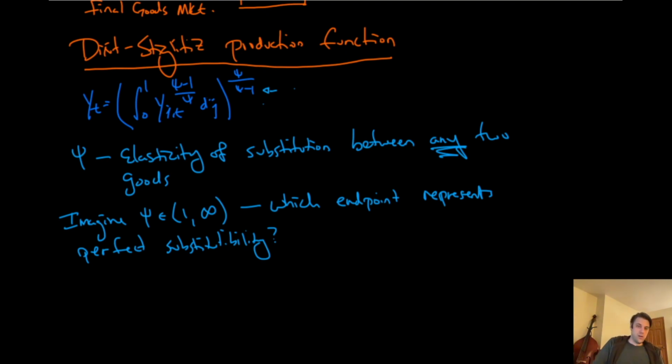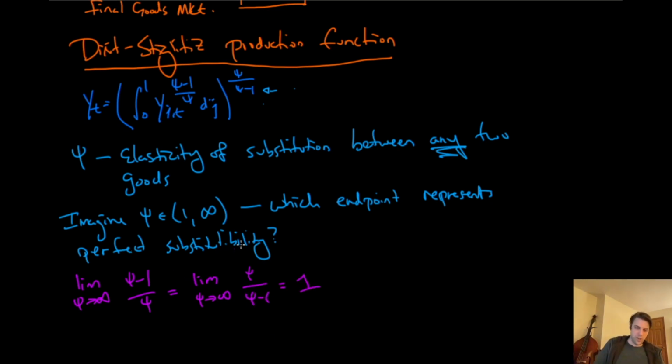And I hope that maybe if you think about it for a minute, you'll see that if you take the limit as psi goes to infinity of psi minus 1 over psi, it will be exactly the same as taking the limit as psi goes to infinity of psi over psi minus 1. And they will be equal to 1, right?